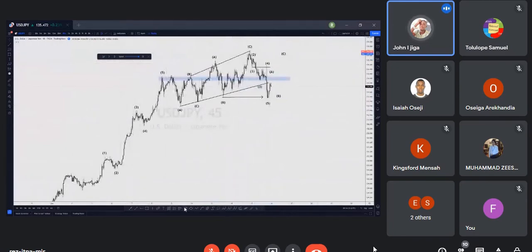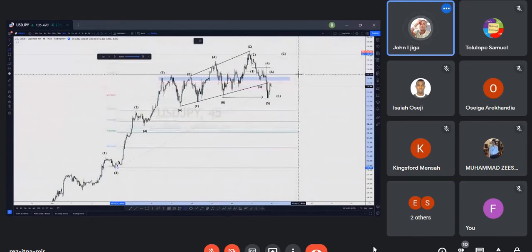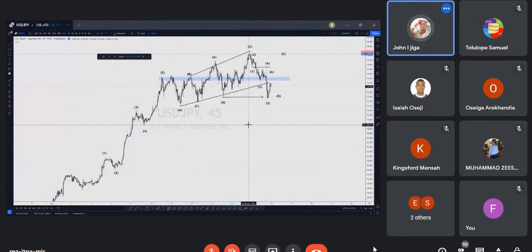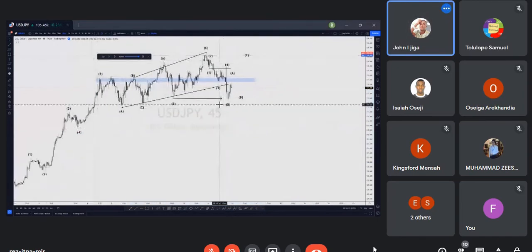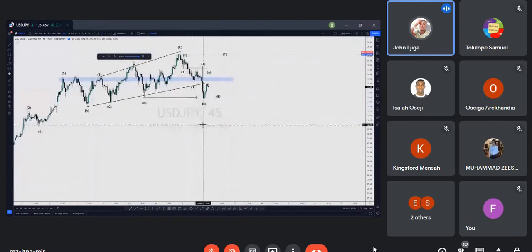I told you guys A, B, C has to form, we turn back into a premium discount of this range, right? So now we see price did a little complication here forming this wave. I don't know why, but price does what it wants to do. So this is what we had.